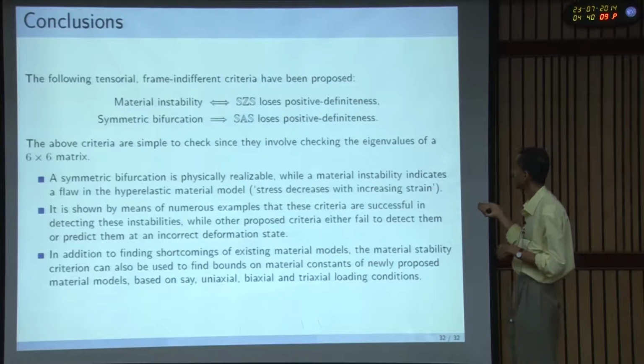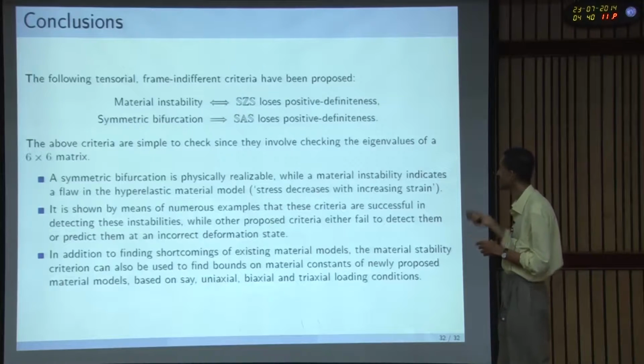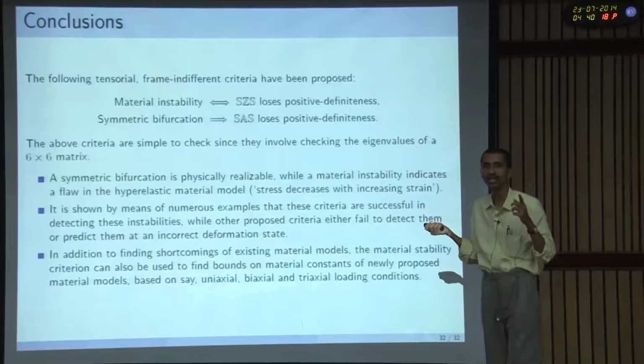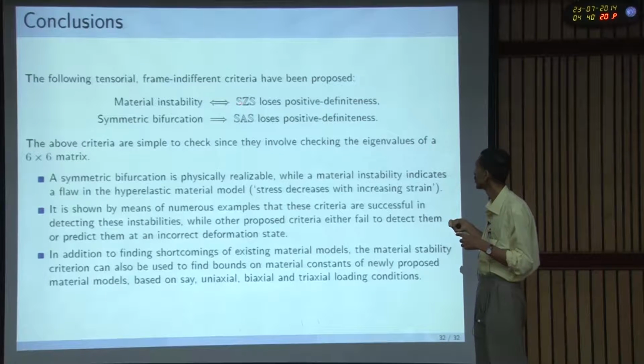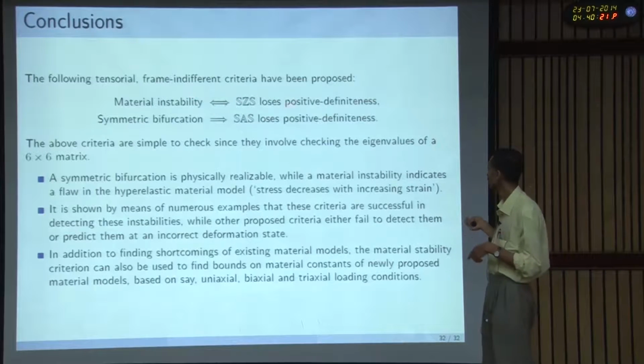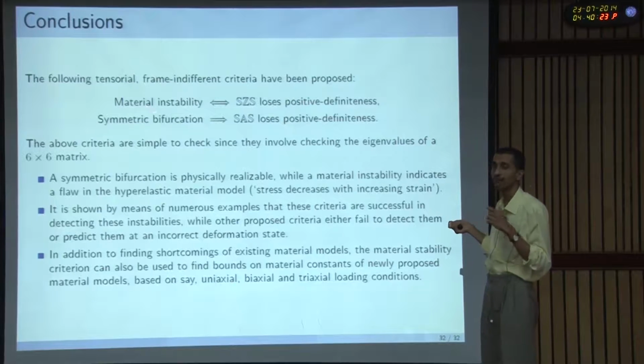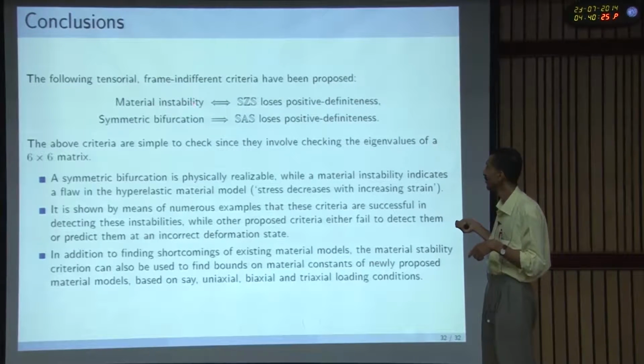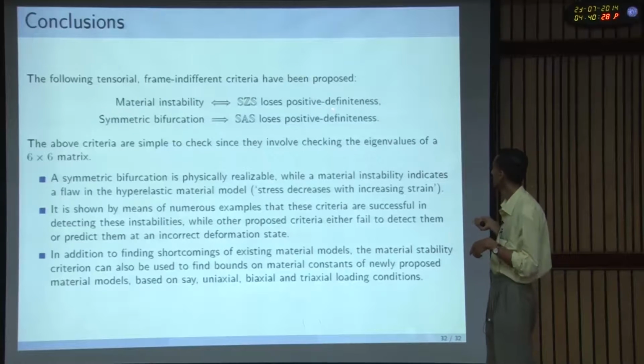We are proposing these 2 criteria for material instability. The tensor Z, which is the derivative of the Cauchy stress with respect to the logarithmic strain, if it loses positive definiteness, then we call that a material instability.